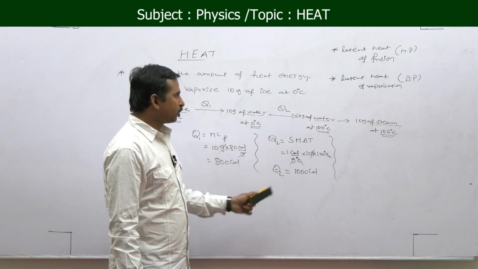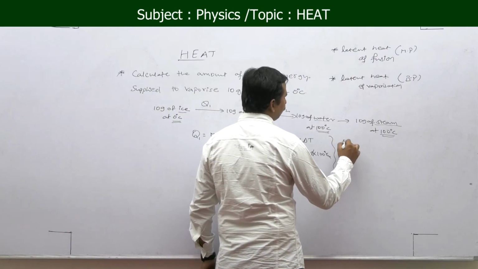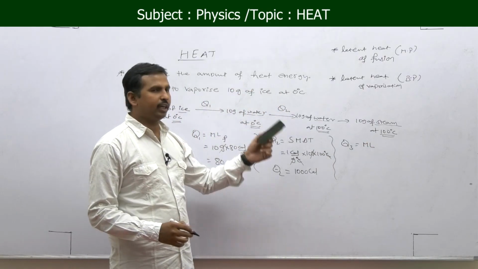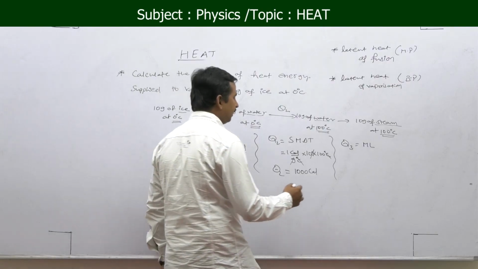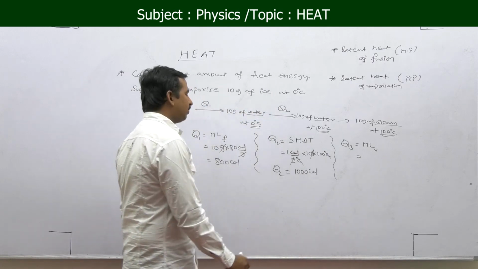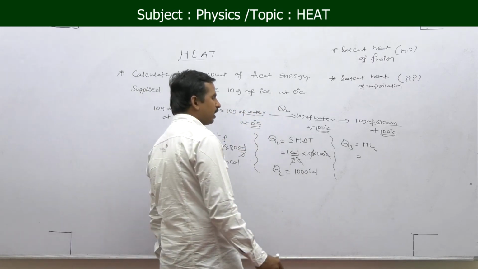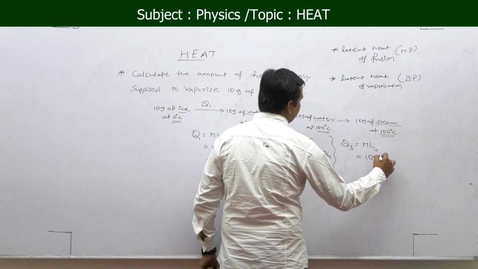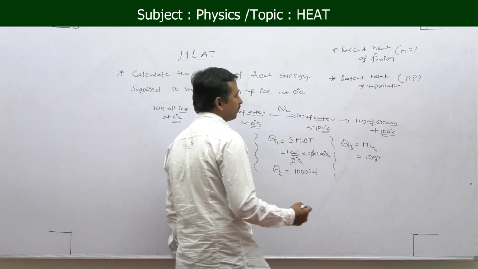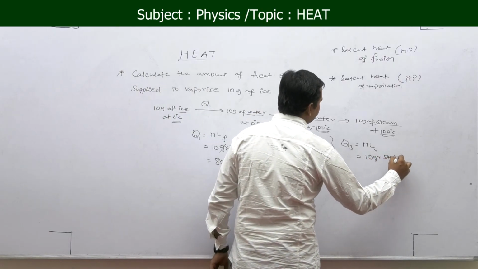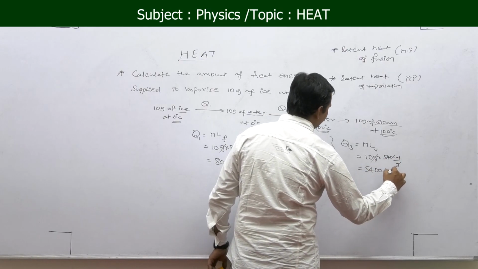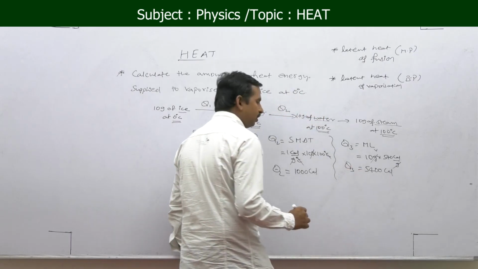So in this case Q is equal to again the formula M into L, whereas the latent heat here we are taking is the latent heat of vaporization, LV. Then it is equal to, the mass is again 10 grams, as there is no change of mass, and the latent heat of vaporization is 540 calories per gram. The grams get cancelled, then we are having 5400 calories. This is the Q3 value.